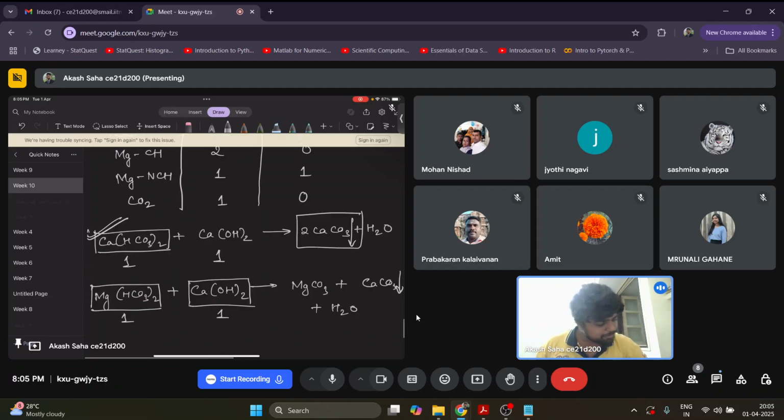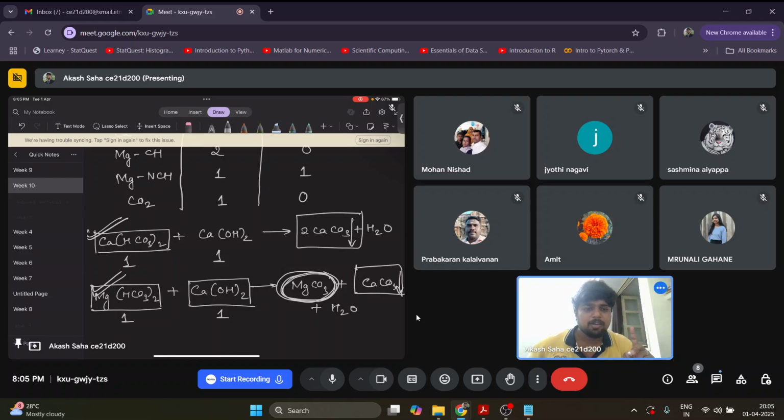But in the case of magnesium carbonate, some part is getting precipitated as CaCO3, but some part is still in dissolved form and is not getting precipitated.